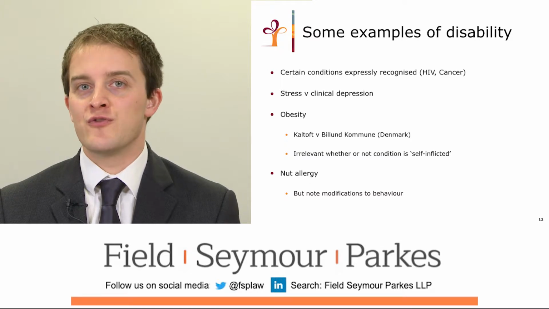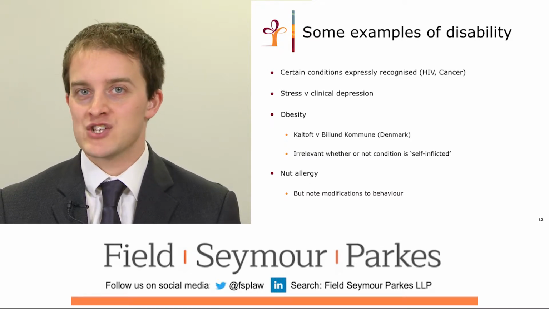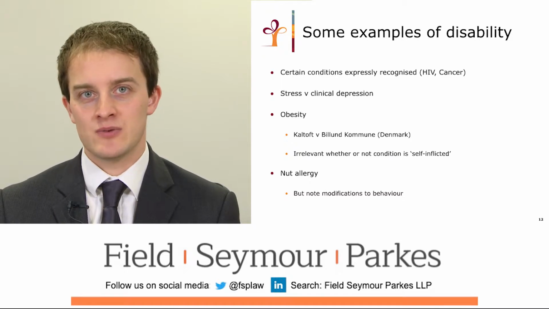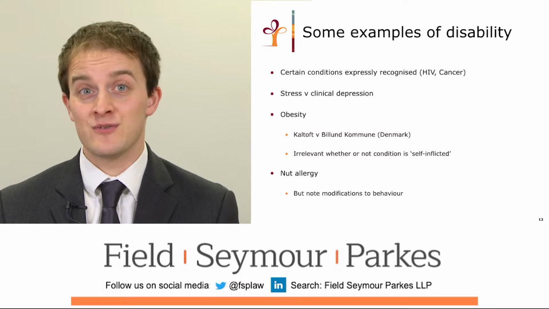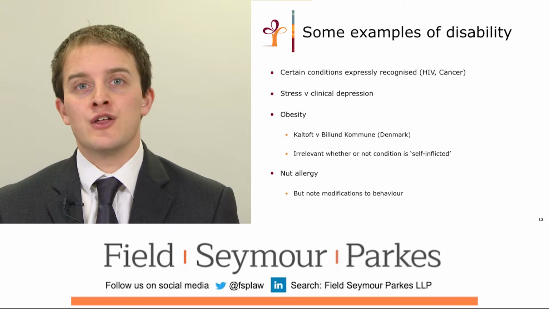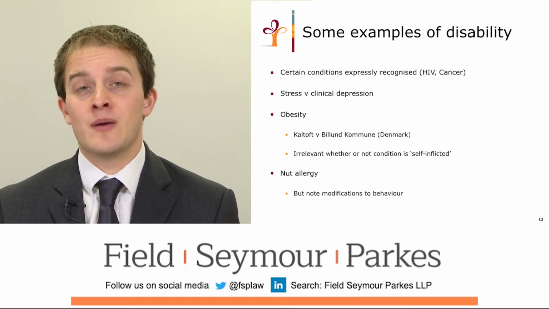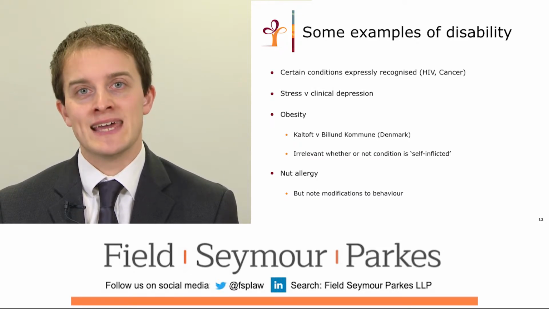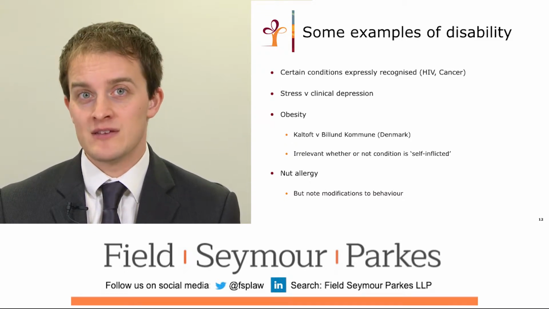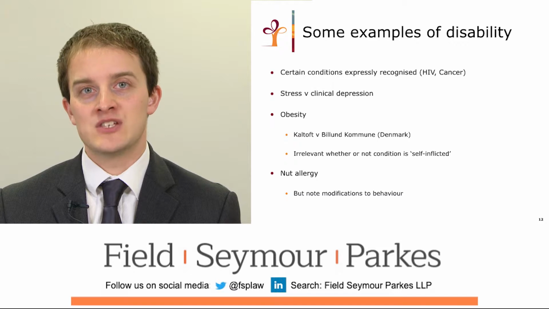There's no BMI linked threshold that applies there, so there's no distinction between being obese or morbidly obese or other sorts of categories. And it was completely rejected by the ECJ that whether or not you'd contributed to your own disability could be a material factor.